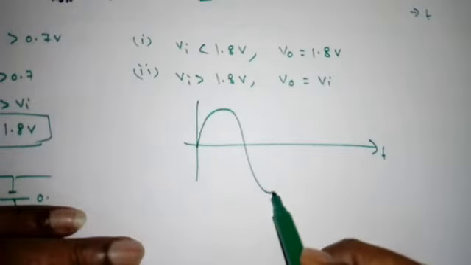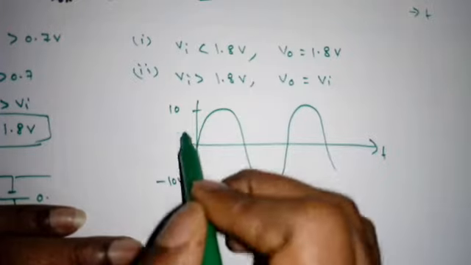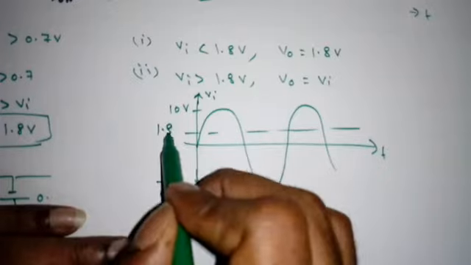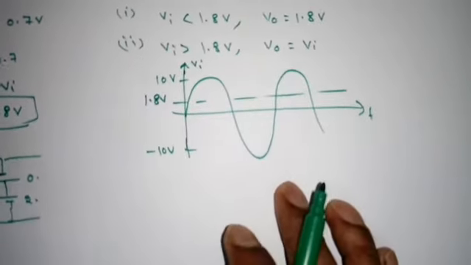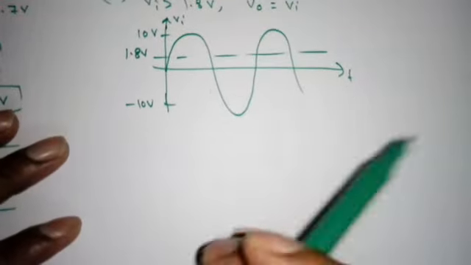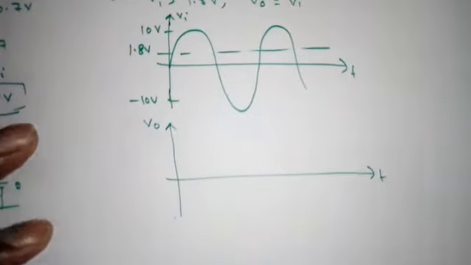So this is 10 volt, minus 10 volt. This is Vi. So 1.8 volts. So the only difference between the ideal case and the practical case is a 0.7 voltage difference. This is V naught.